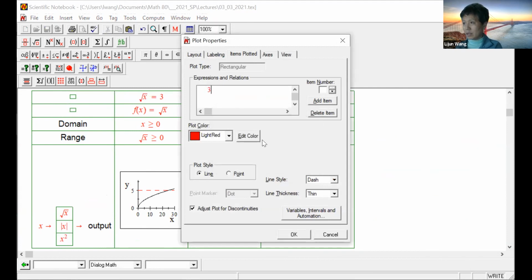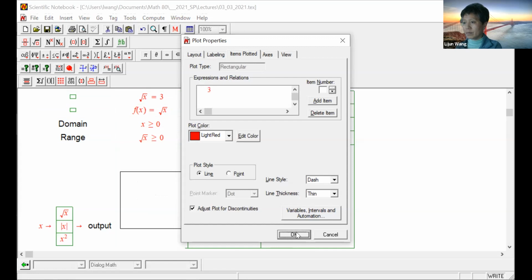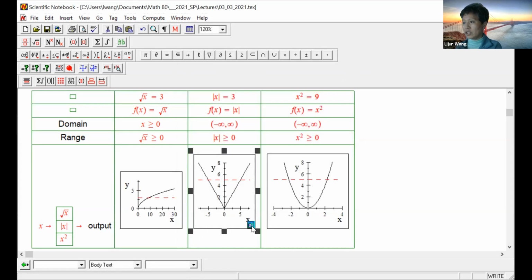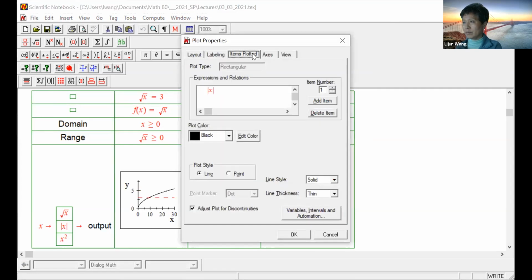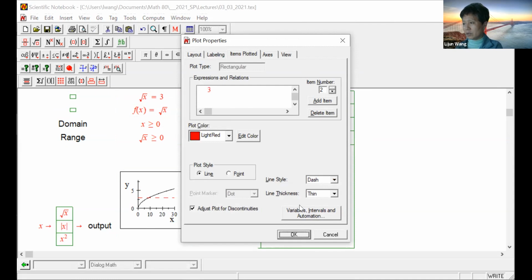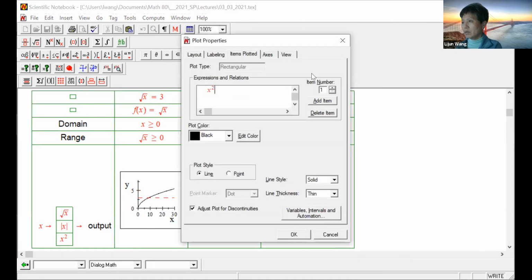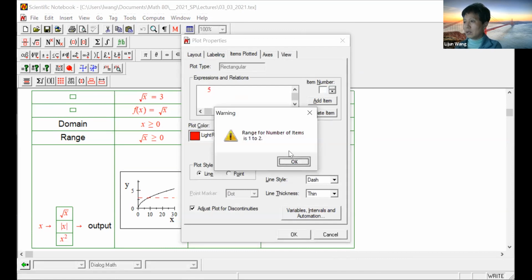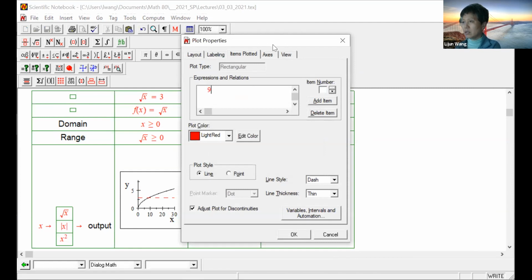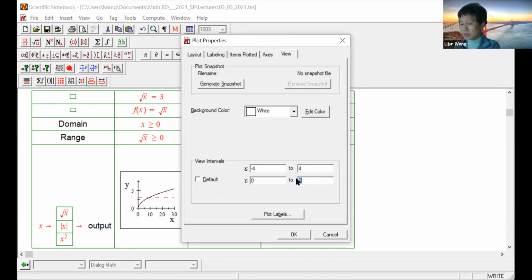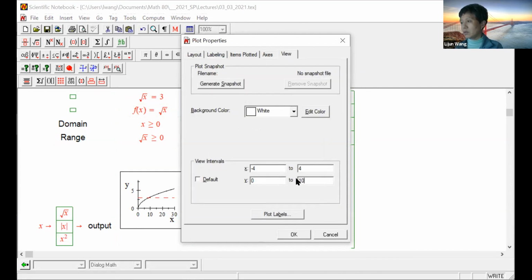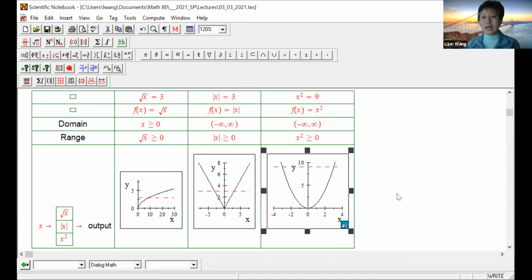So this is a 3, and that one is changed to 3. These numbers vary from one to the other. So this one changed to 9. This is changed to 9. And I'm going to make some adjustment over here. So you can see the ideas.